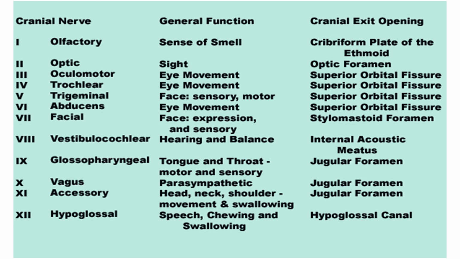That's important if that area has been affected. Your vagus nerve can affect your heart rate. Your 11 is your accessory, muscle use in your head, neck, shoulders, movement, and again swallowing. And then 12, the hypoglossal, would be speech, chewing, and swallowing. So just be familiar with those last 4 on that list.